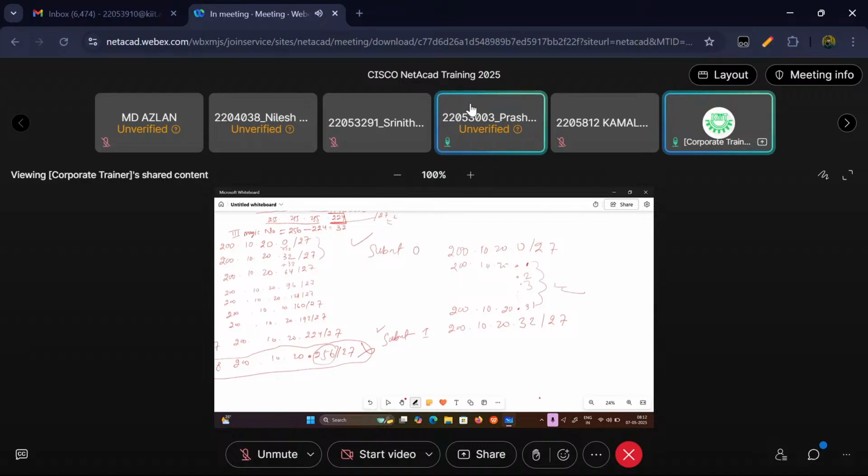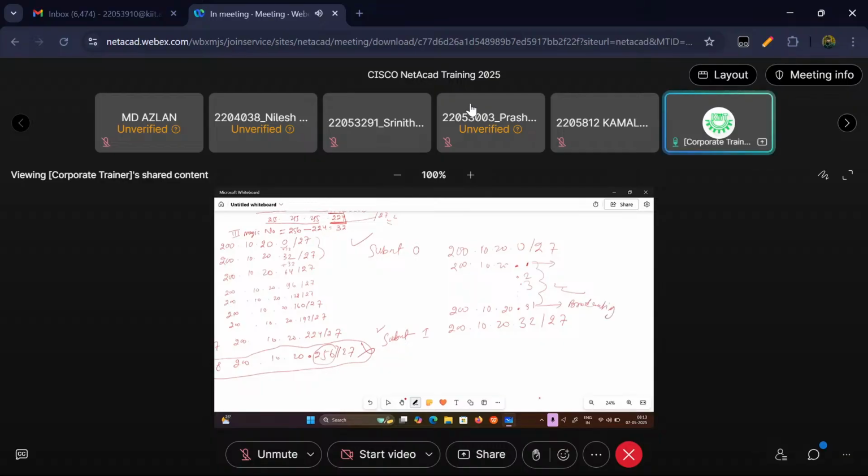The first ID, 200.10.20.1, you can assign as a default gateway, or maybe assign it to any of the hosts. And the last one I am using for broadcasting. The last ID of this network will be 200.10.20.31, which is for broadcasting, right?